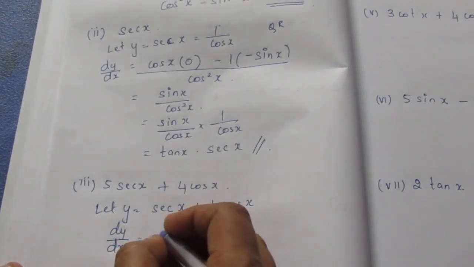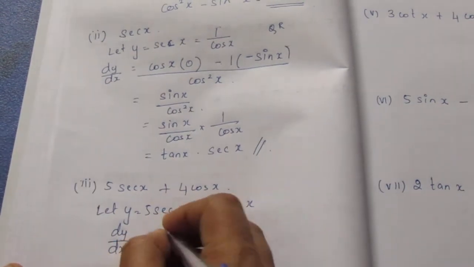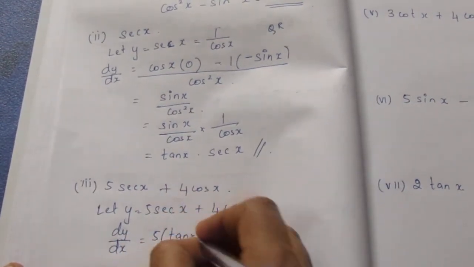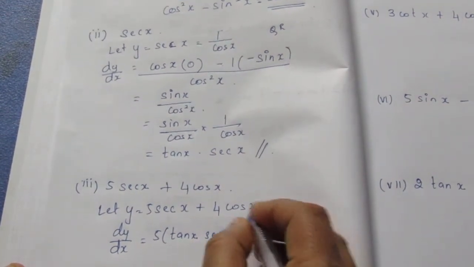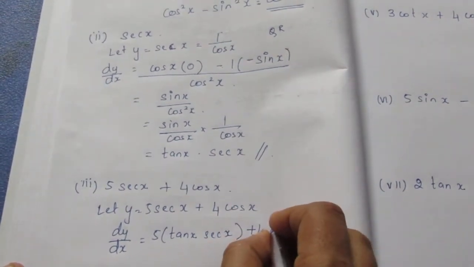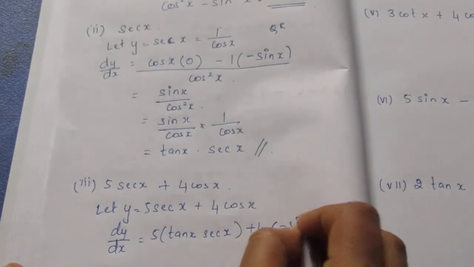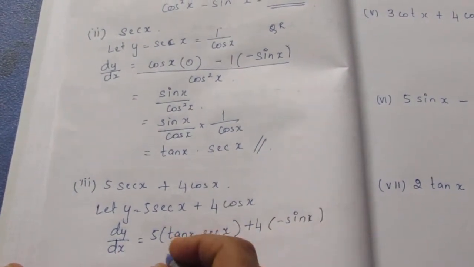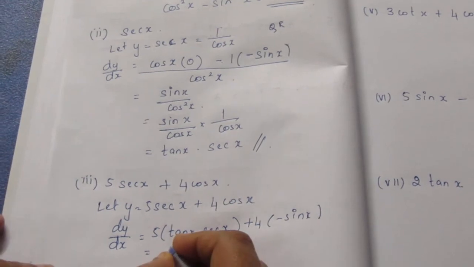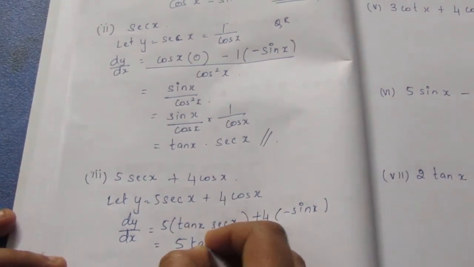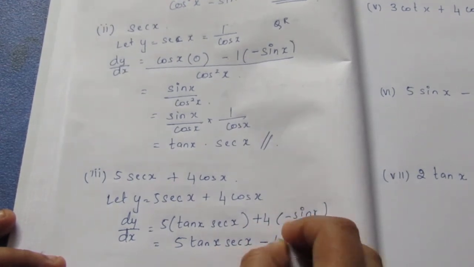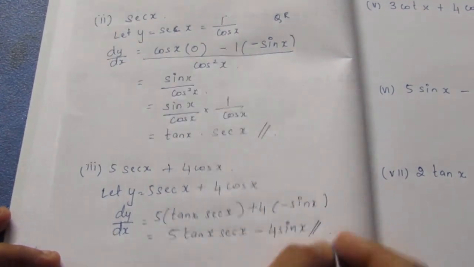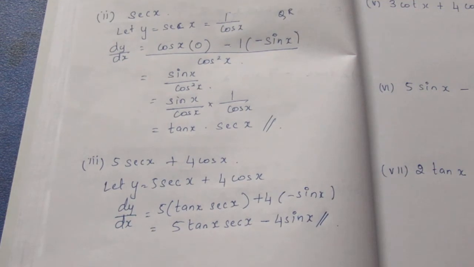Now this becomes 5 into tan x secant x plus 4 into, for cos x the derivative is minus sin x. So it becomes 5 tan x secant x minus 4 sin x. This is the final differentiation for question number 3.